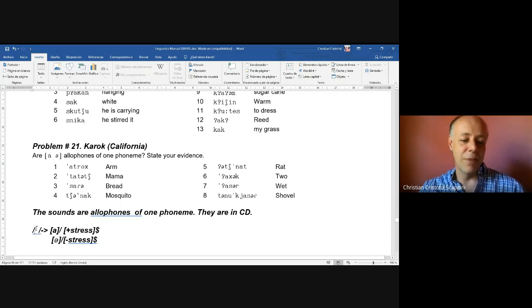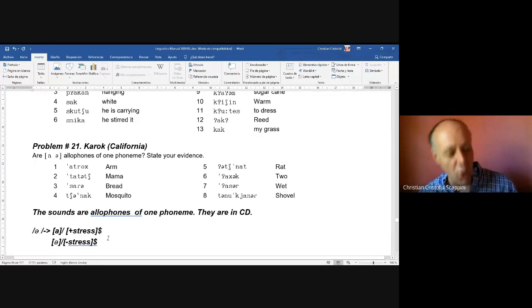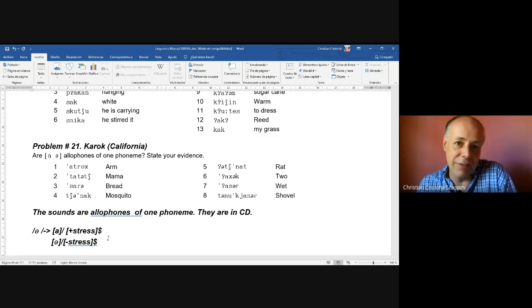But if you do the converse and you write a is the phoneme, it's still okay. Why? We do not have an elsewhere. So whenever we don't have an elsewhere, any of the allophones can be the phoneme. So it will be okay. I won't be that strict.